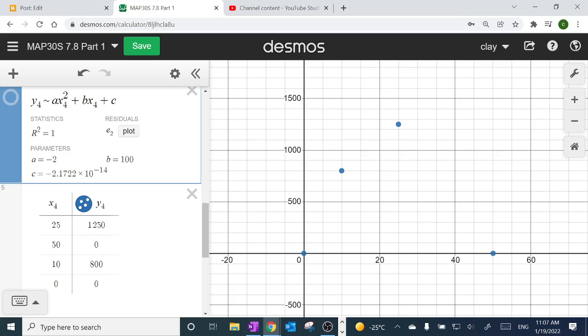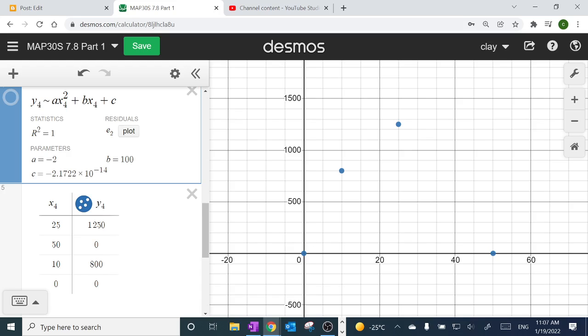For those of you who remember, the TI had that problem when we were trying to do statistics. It would sometimes give us a number that we knew was supposed to be exactly 4, but it would say 3.9999999. So now it's Desmos' turn to be fooled by ridiculously small numbers that should be 0. So when I see a number like this, I just go, oh, that's 0. So that's my equation.